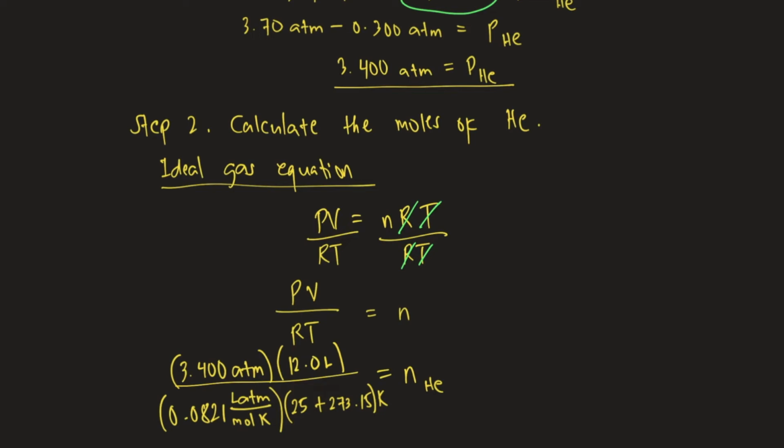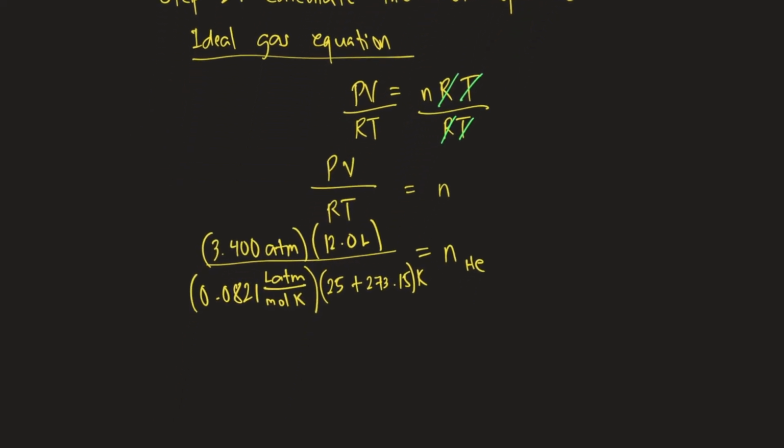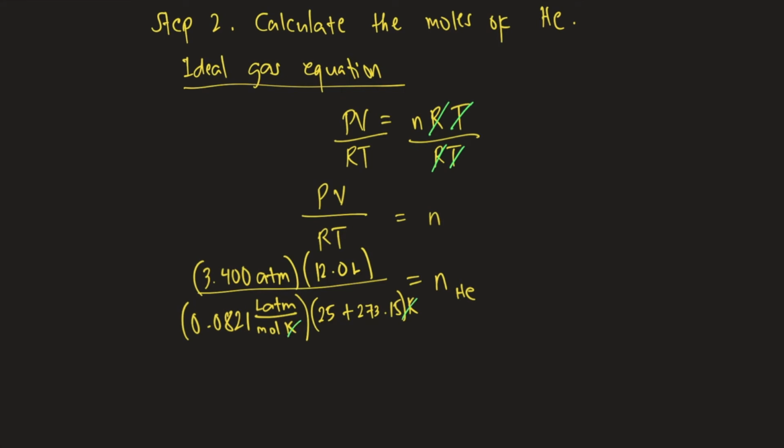So let's see how the units will cancel. Kelvin will cancel, atm will cancel, and liters will cancel. So our remaining unit is moles. So if you solve for the moles of helium, plug in the numbers into your calculator.